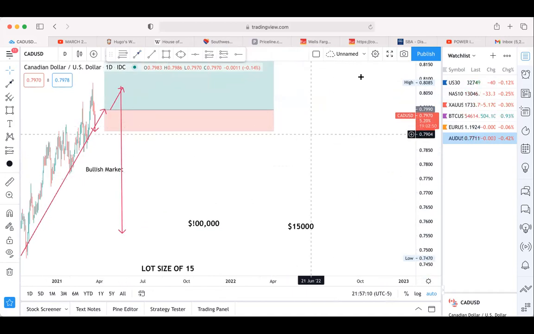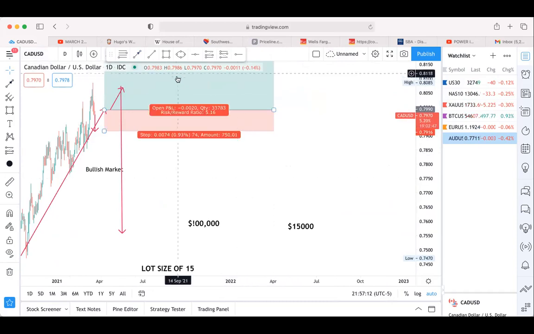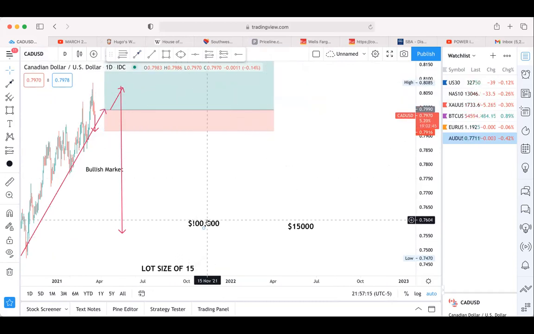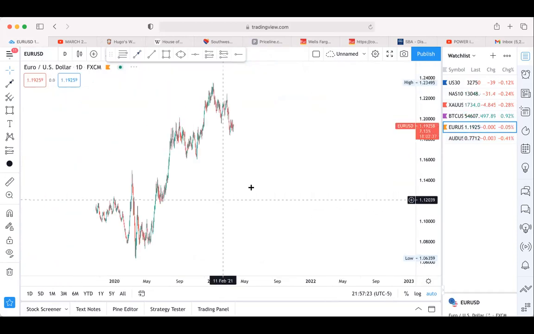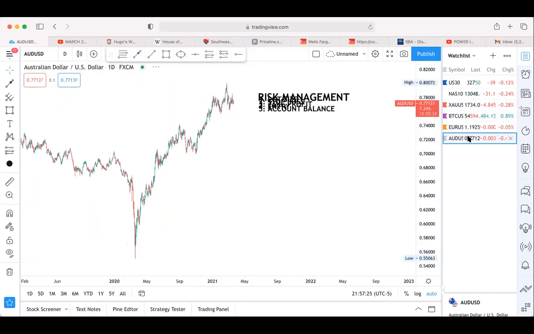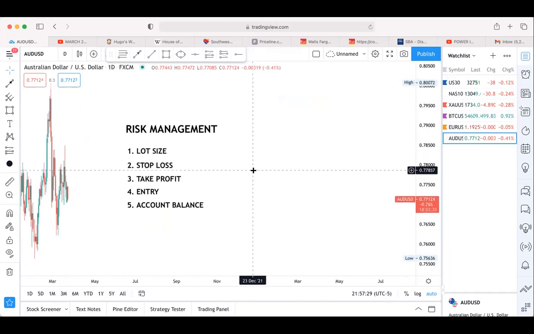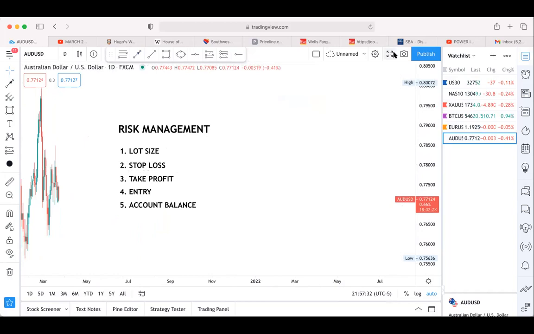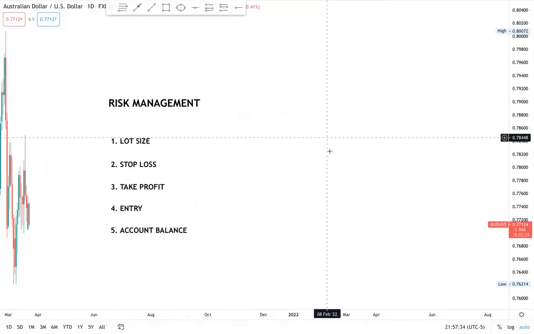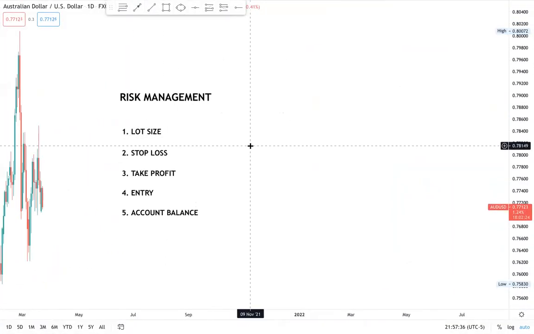Your account is now $15,000 from $100,000. Why? Because your risk management was poor. You didn't have any risk management. Remember, we're talking about risk management. Because you did not maintain proper risk management, you just blew a $100,000 account down to $15,000.